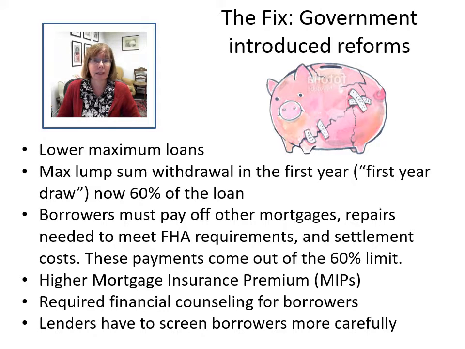That is, he may be able to borrow $100,000, but he has to invest $50,000 first to pay off the debts to get there. But again, that lowers the risk to the lender. And then the higher mortgage insurance premiums also protect the lender. And finally, lenders are required to screen the borrowers. They can't just lean on the federal government to bail them out if the borrower defaults.